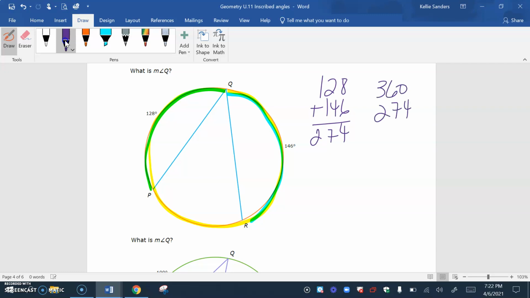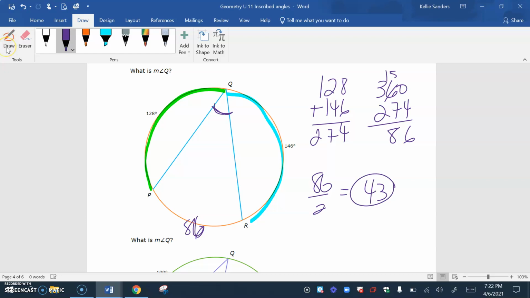Take that away from 360 and get 86. So this arc, oh, that's not right. Okay, I'm right, but I'm not finished. So the arc is 86, but we are looking for the angle. So we will divide that by 2 and get 43.